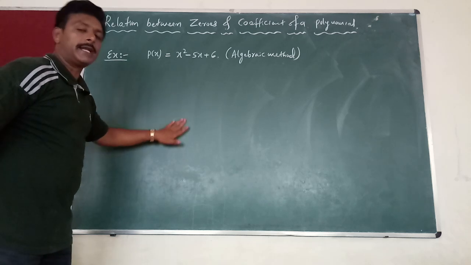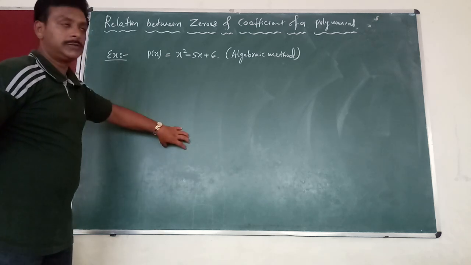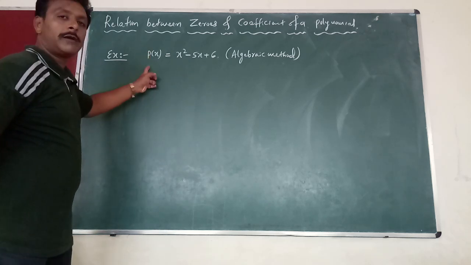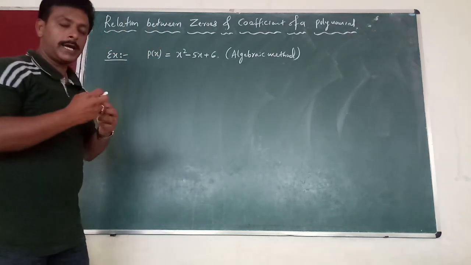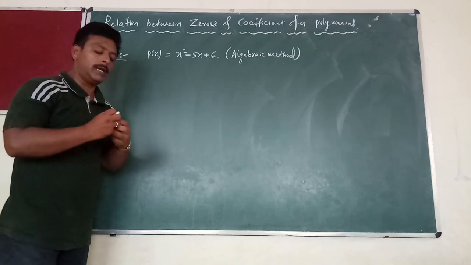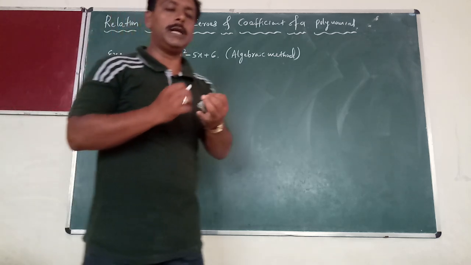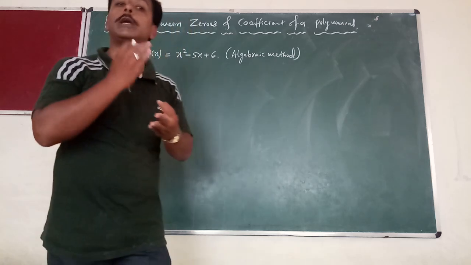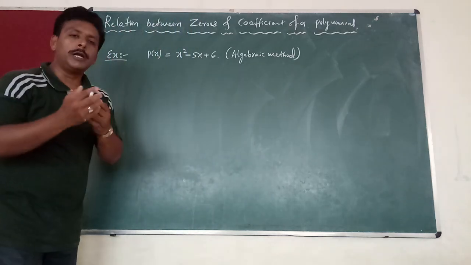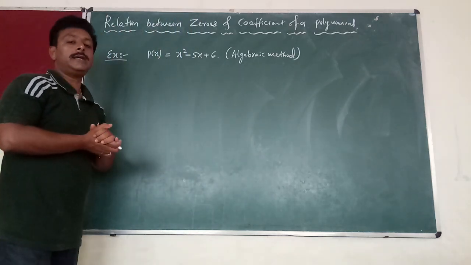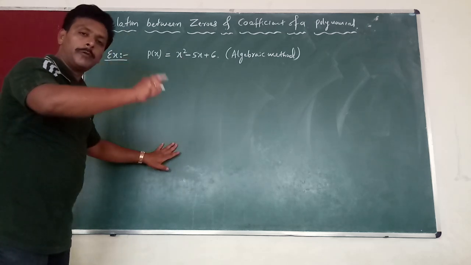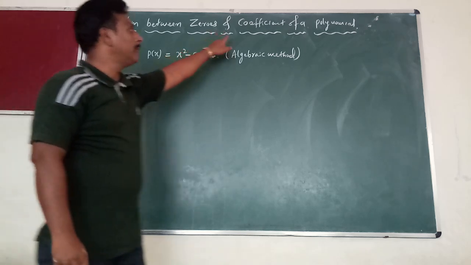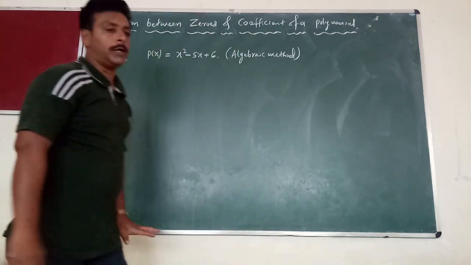Whatever zeros we are getting, those zeros and the coefficients of the given polynomial have one relation. Whenever we have a polynomial, it may be linear, quadratic, or cubic, whichever polynomial you are taking, there is always one relation between the zeros of the given polynomial and the coefficients of that particular polynomial.